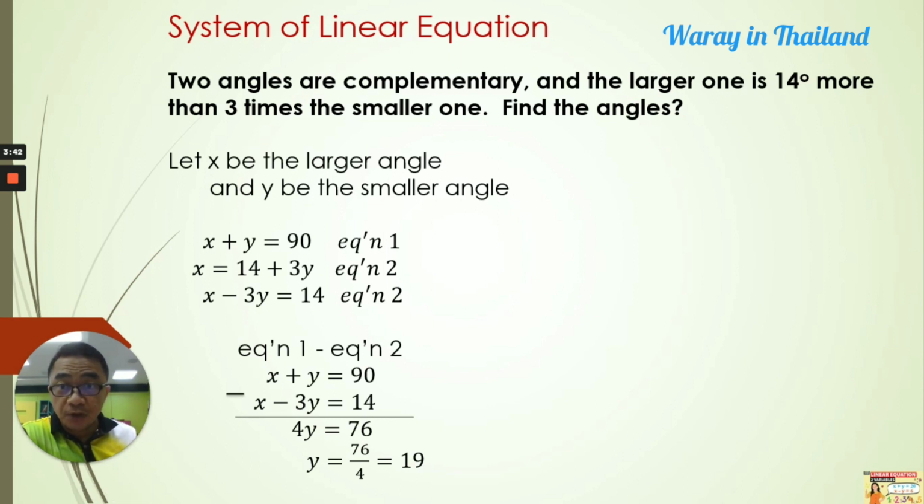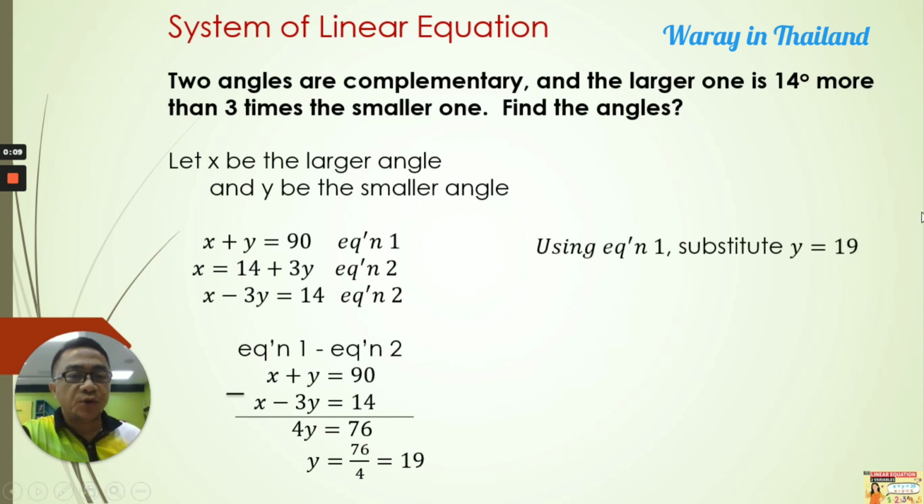Now we're going to find the other variable, which is x, using equation 1 or equation 2. Again, remember as I have said, we're going to eliminate the number of equations, because this equation 2 here is just the same as this. So we do not add more equations as equation number 3, so that you will not be confused. Using equation number 1, we substitute the value of y, which is 19.